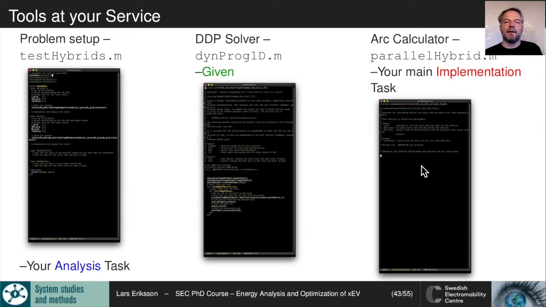And for the parallel hybrid, it will also ask you, you have all these possible state of charge levels to go to. How much will it cost to go to all of them? So then you get a matrix problem that you have to calculate all the costs and return the costs for each individual arc.